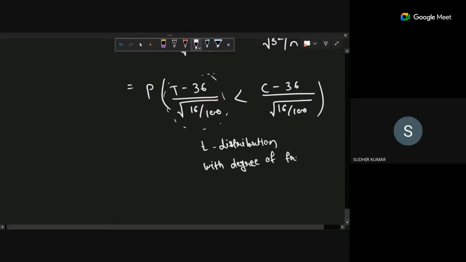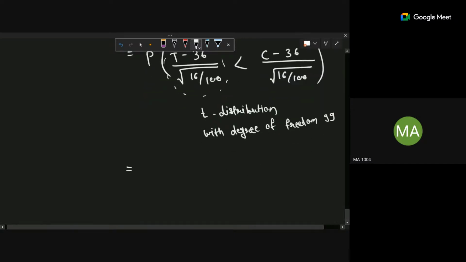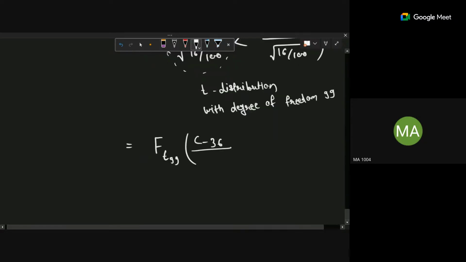Yes, 99. So that is nothing but F T99 of c minus 36 by, okay, we can write it as 4 by 10, or 10 by 4 times c minus 36.